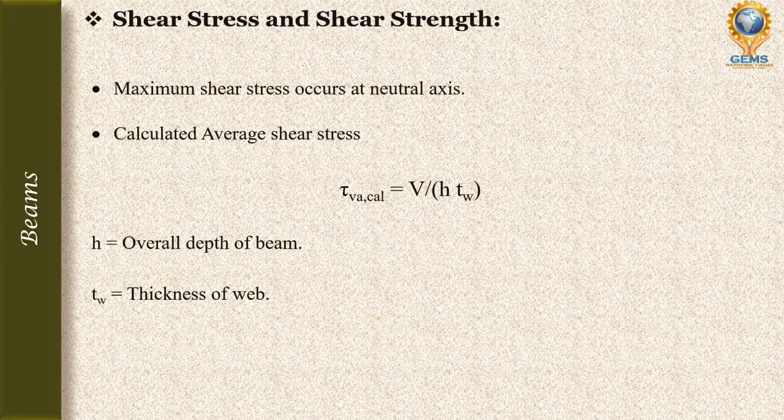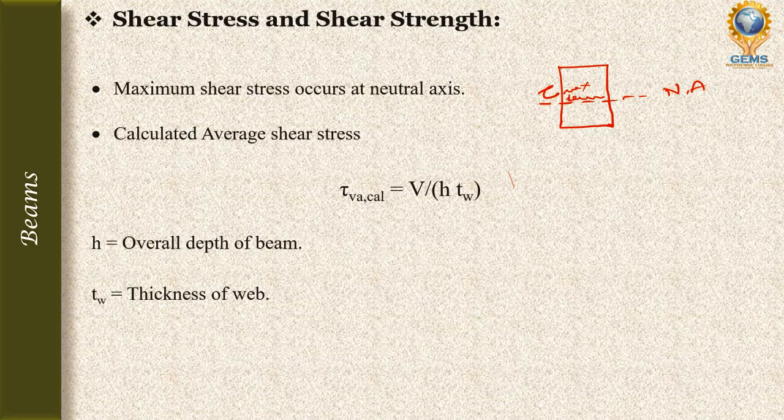So if your beam is like this, and this is your neutral axis, then at this point there will be a maximum shear stress. So tau will be maximum at the neutral axis. So we are calculating the shear stress at the neutral axis.